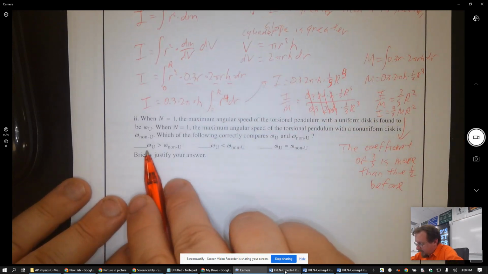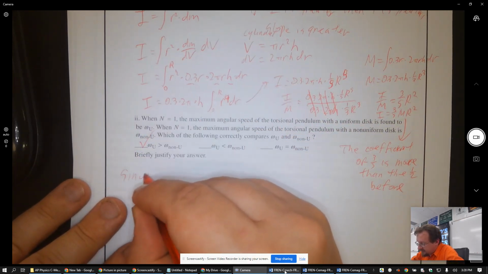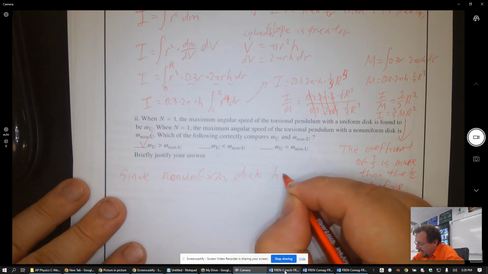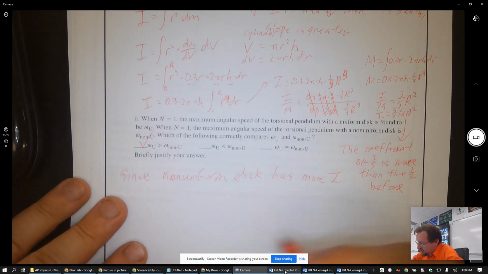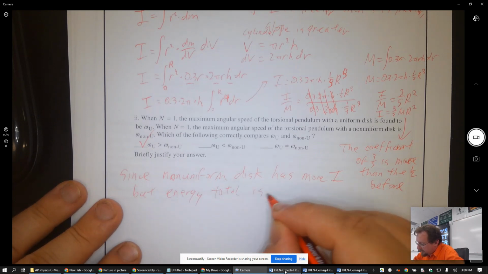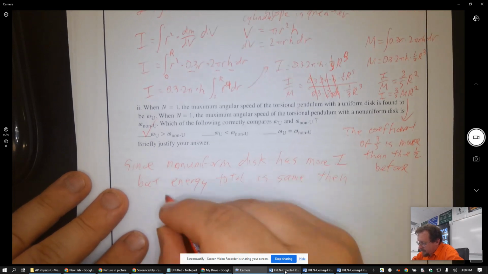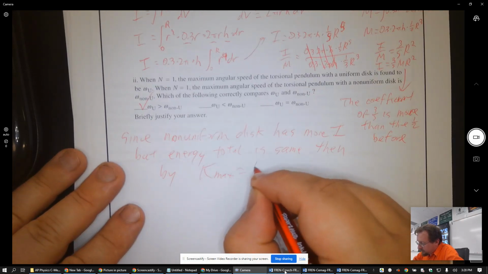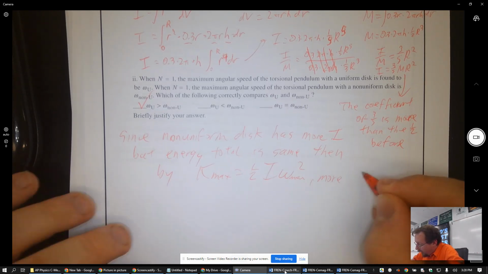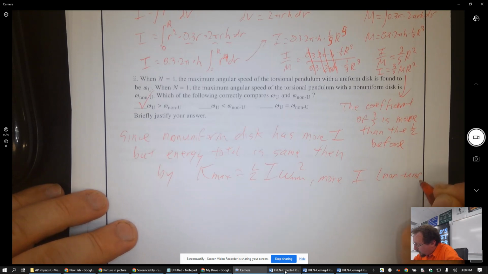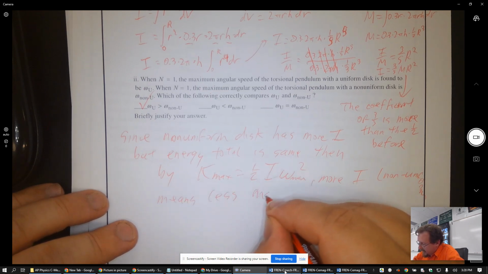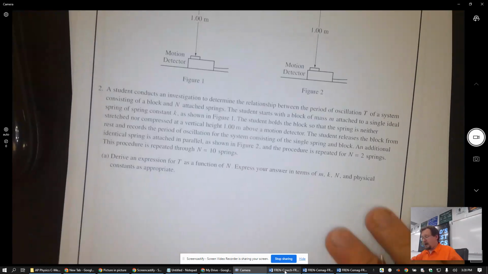Since the non-uniform disk has more rotational inertia, but the total energy is the same, then by maximum energy equals 1/2 I maximum omega squared, more I for the non-uniform disk means less maximum omega. All right.